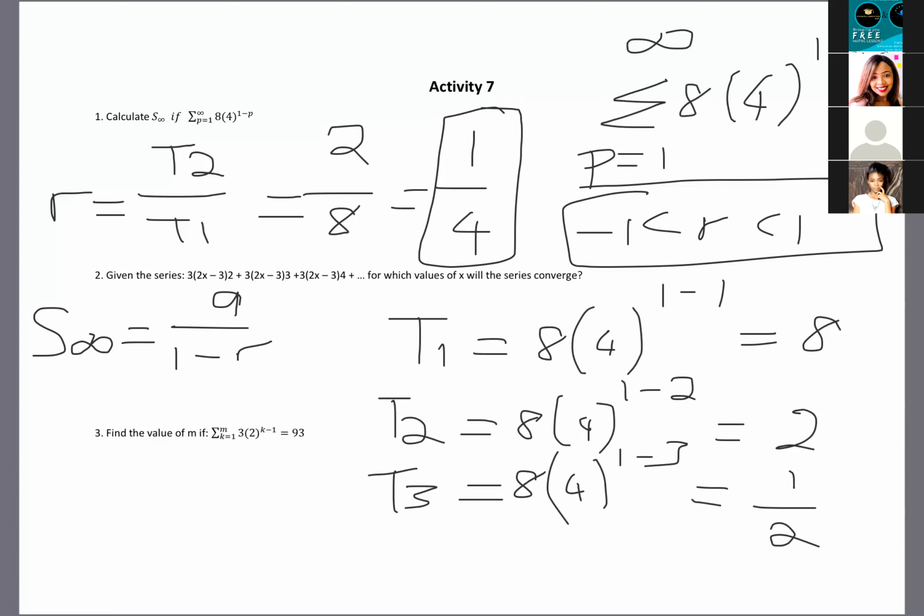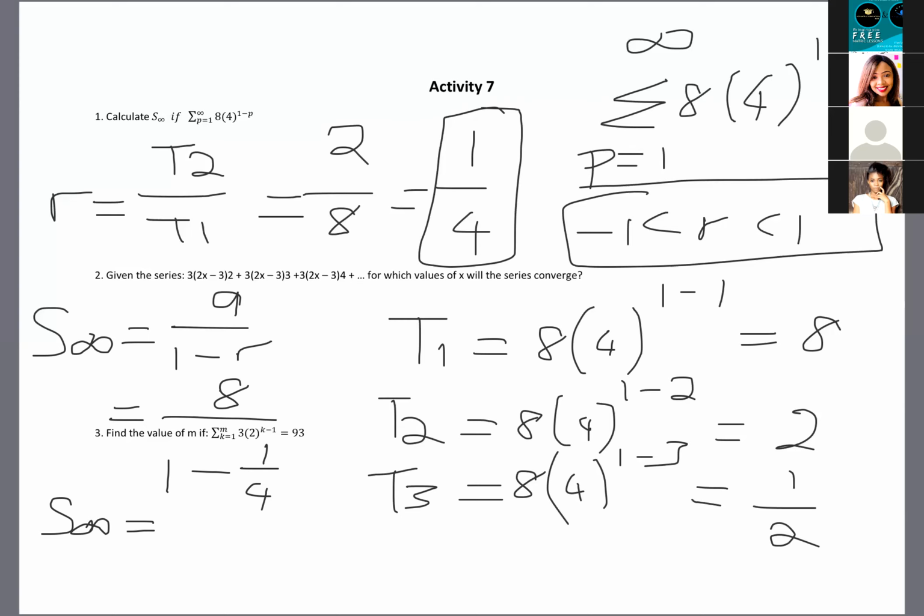So now all I have to do is substitute. I know what my A is. What's my A going to be? It's 8, over 1 minus, and what's my R? 1/4. So what's my S to infinity? It's 32/3.